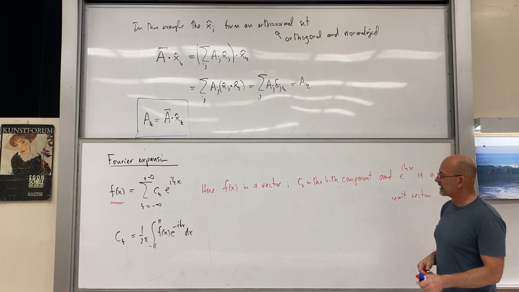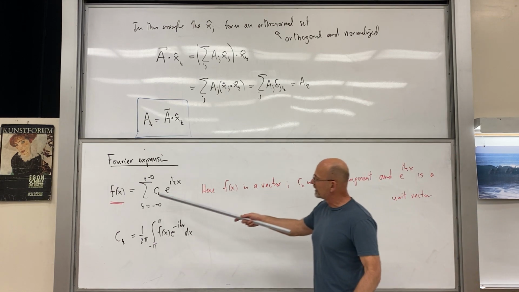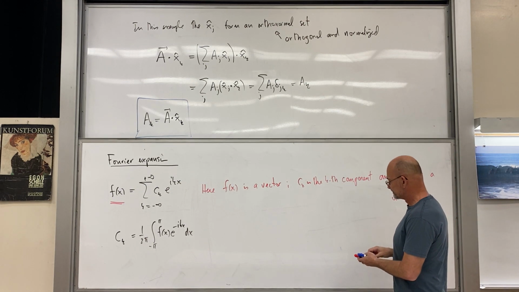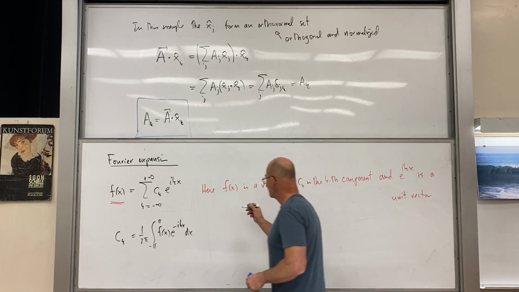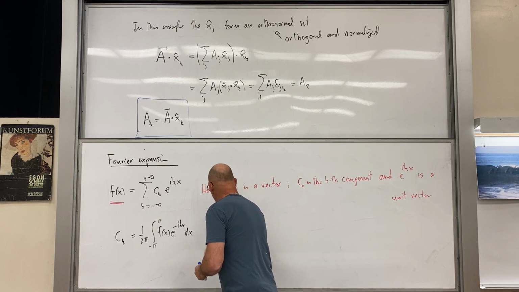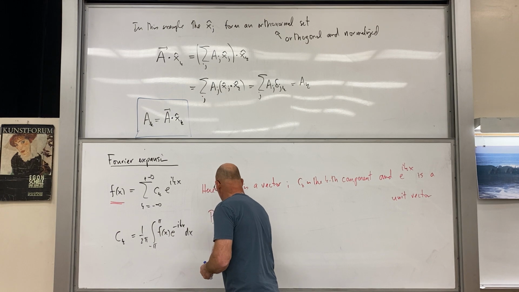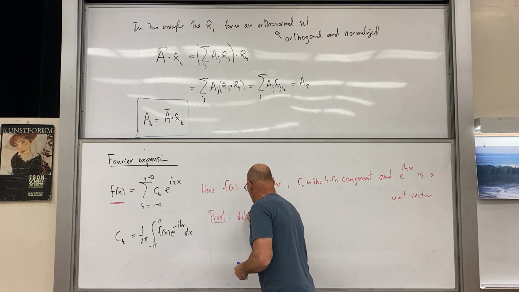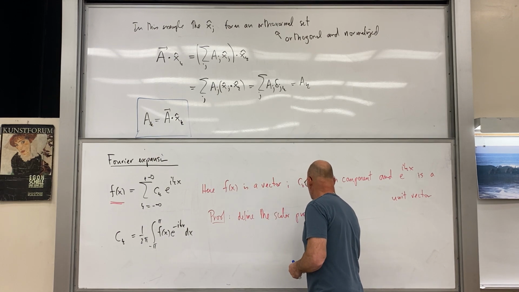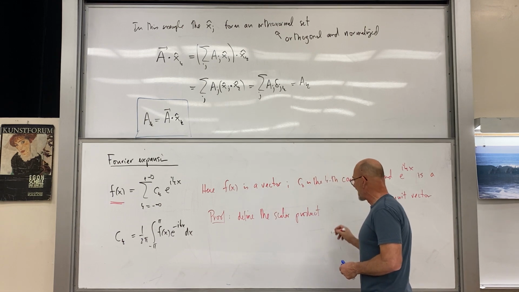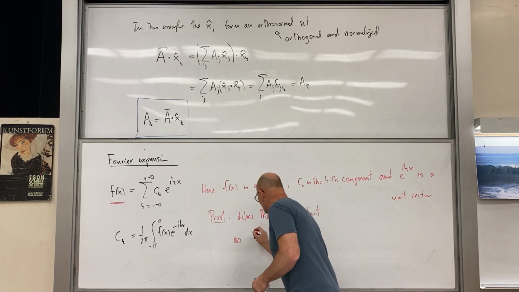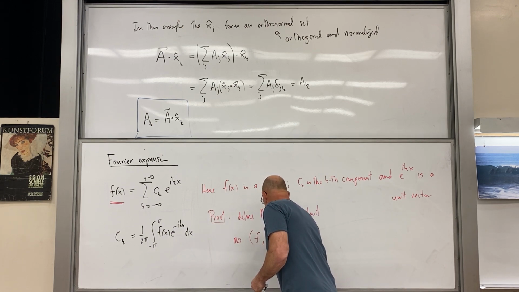And how do I prove that? Okay. I'm just making the claim, right? I have some formulas, I'm saying this, that, the other. But I can prove that, and here's the way. We have to define, I'll stick with red, a good color. Proof, is this a proof? We're just going to call it a proof. Define the scalar product as, so instead of a dot, I'm going to do f comma g.